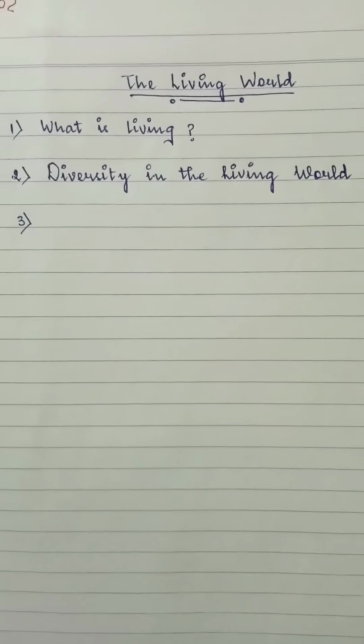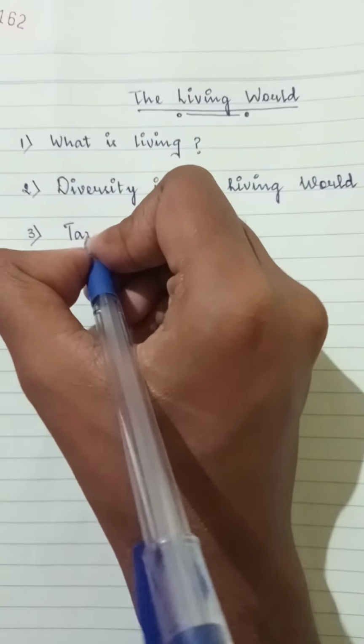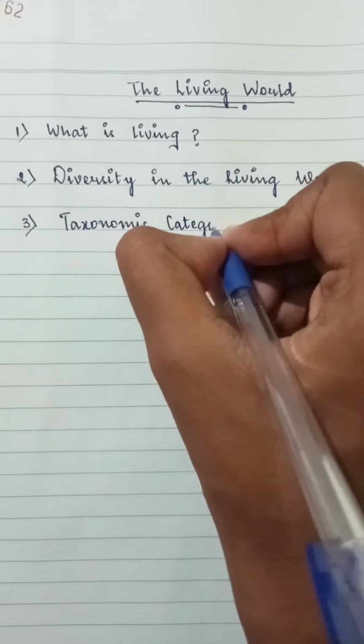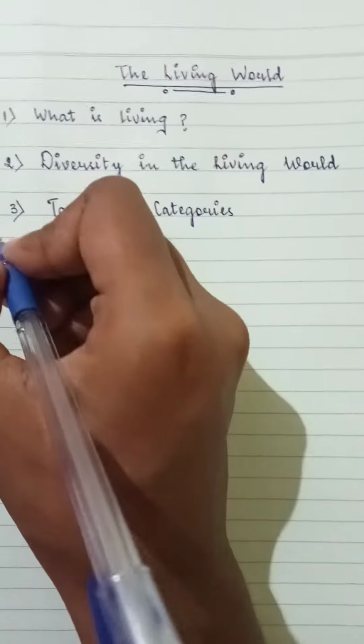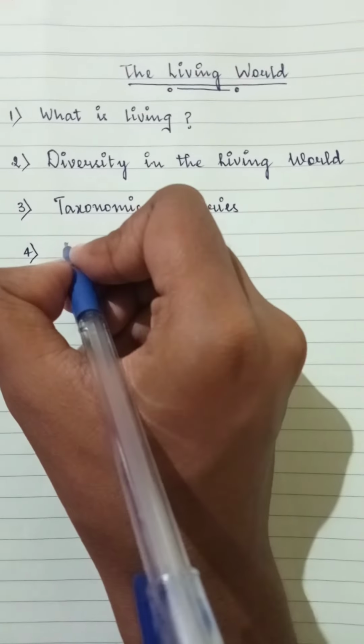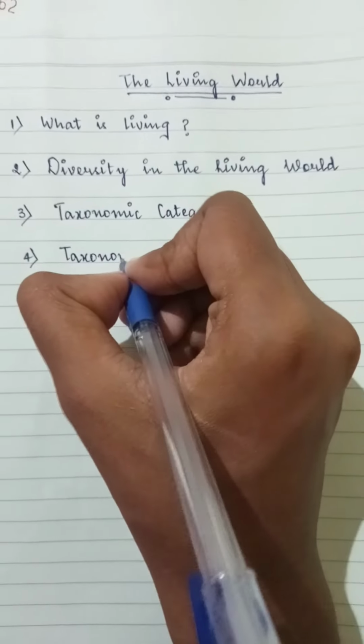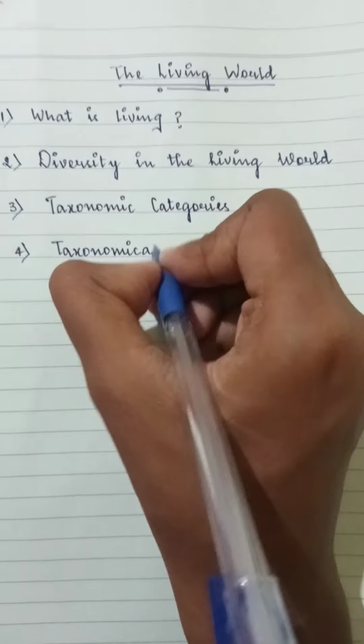And thirdly, we are going to study what are taxonomic categories. I think living and diversity may be some familiar terms to you, but taxonomy, categories, these would be some new terms to you. And fourthly, taxonomical aids.